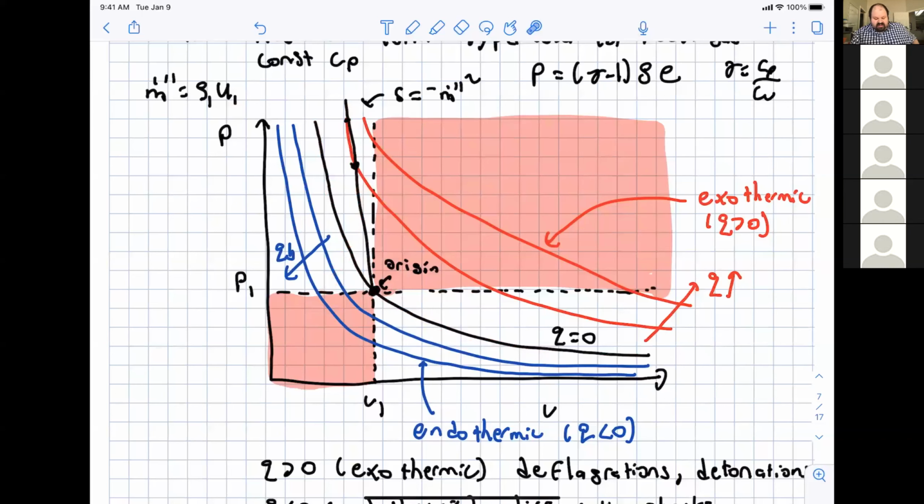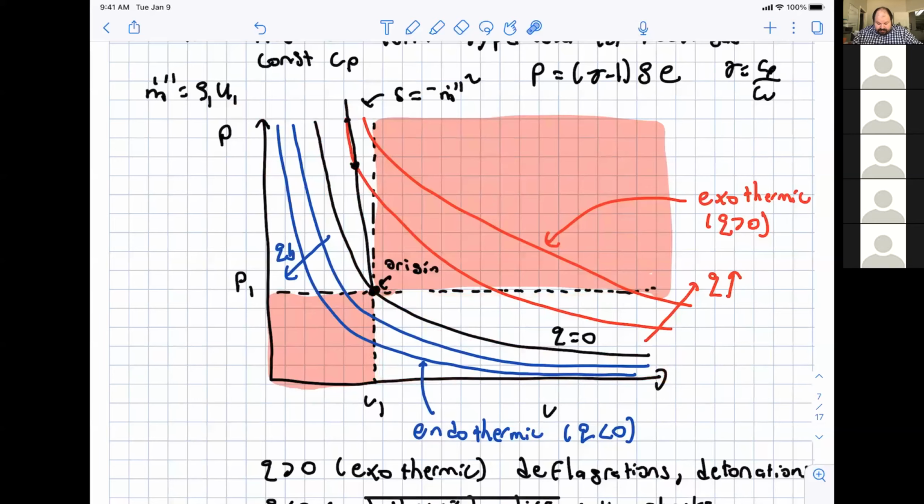This means there are multiple solutions to our system. We have this upper branch, which is called the detonation branch, and a lower branch, which is called the deflagration branch. We briefly introduced those.